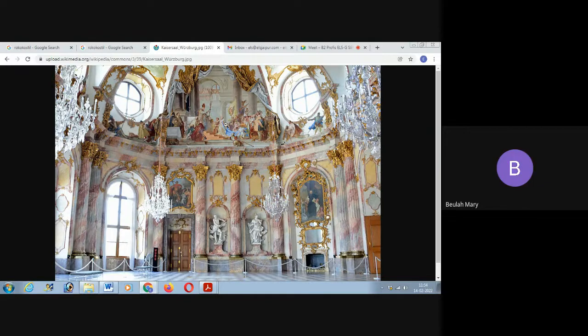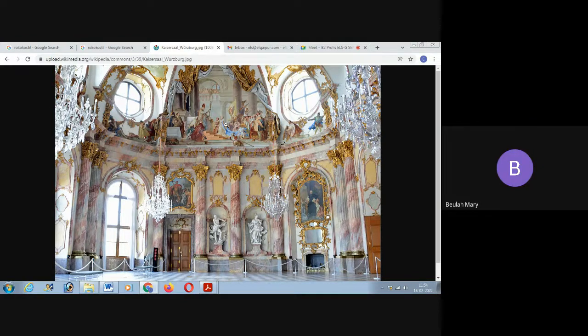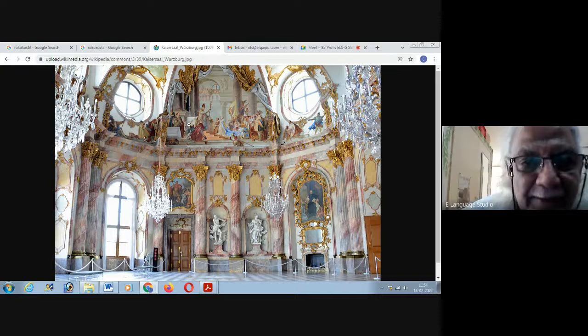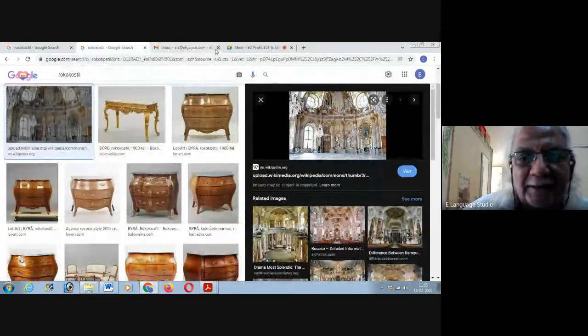The painting and the architecture. The extreme attention to detail. Gold, even this is carved. Each of these leaves here is carved. The pillars, these are the Ionic pillars, the Greek style pillars, they are carved. Each picture has detail. So this extreme attention to detail is called the Rococo style.